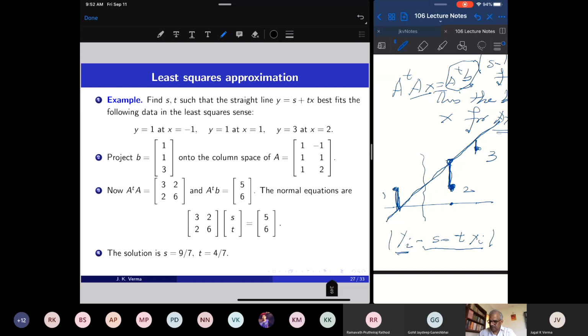There is a unique solution here: S equal to 9/7 and T equal to 4/7. So this gives me the parameters of the straight line. The slope of the line is 4/7, and this is the straight line which best fits the data.